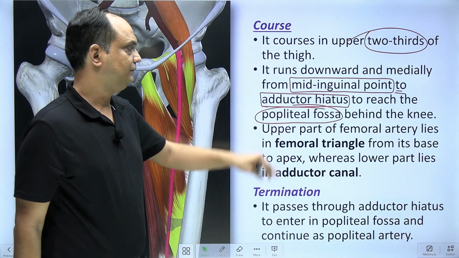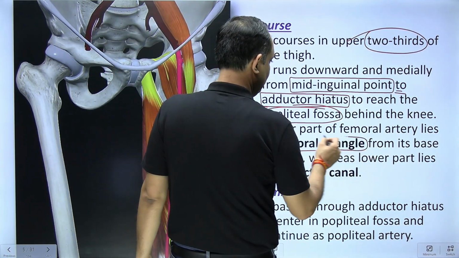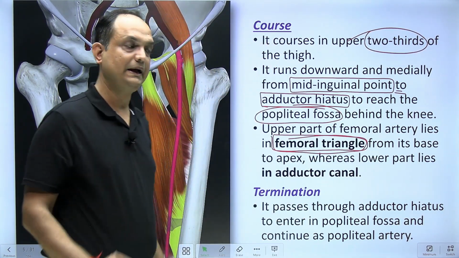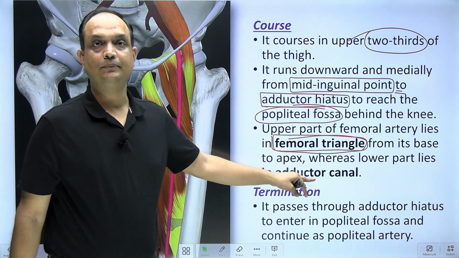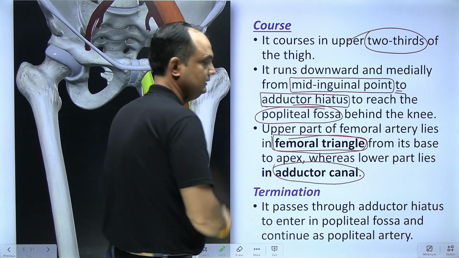Now, the upper part of the femoral artery you will find in the femoral triangle, and in the triangle this artery will reach from the base to the apex of the triangle, and near the apex this artery ultimately enters into the adductor canal, clear.